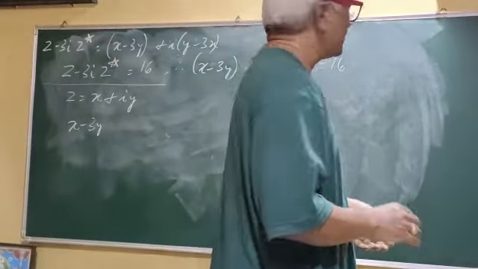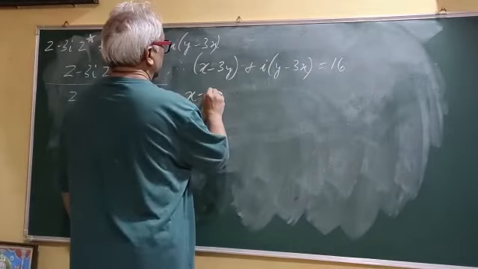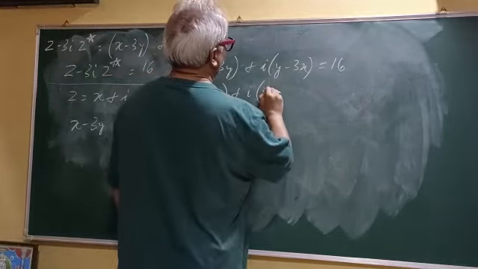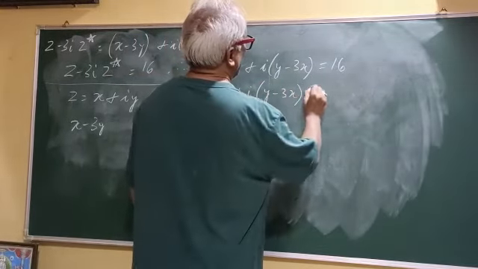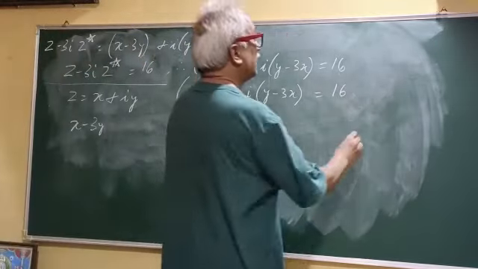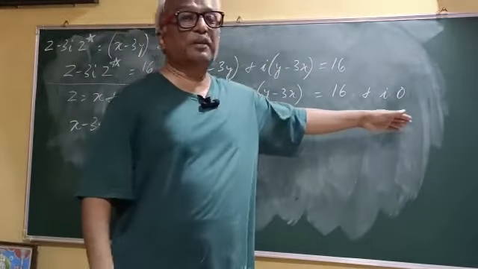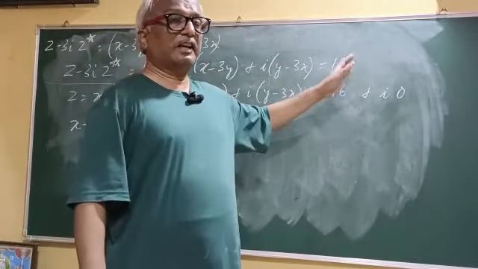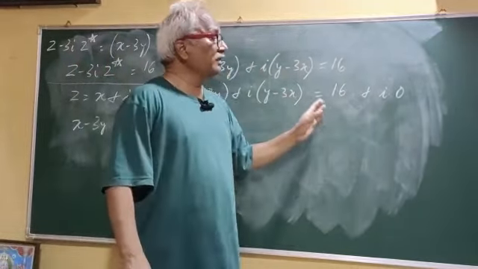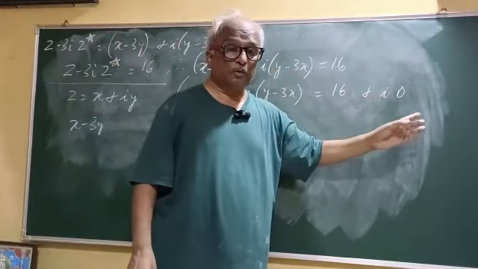My equation is x minus 3y plus i times (y minus 3x) equals 16 plus i times 0, because there is no imaginary part on the right hand side. So 16 is equal to 16 plus i times 0.